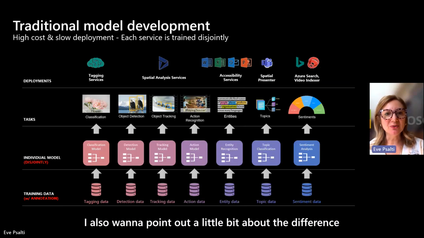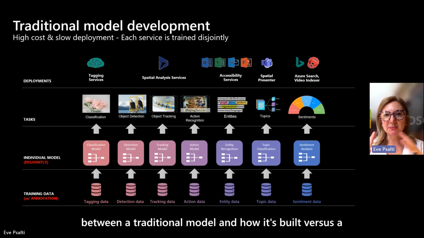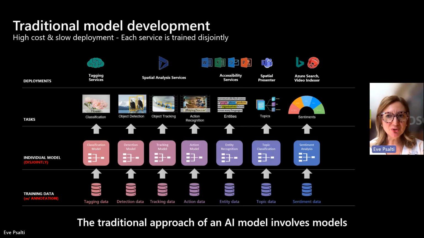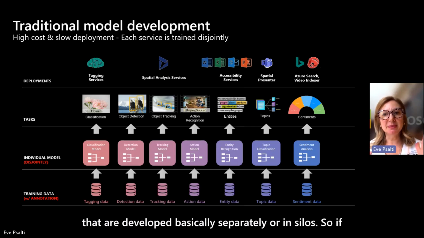Also, I want to point out a little bit about the difference between a traditional model and how it's built versus a generative AI model. The traditional approach of an AI model involves models that are developed basically separately or in silos.